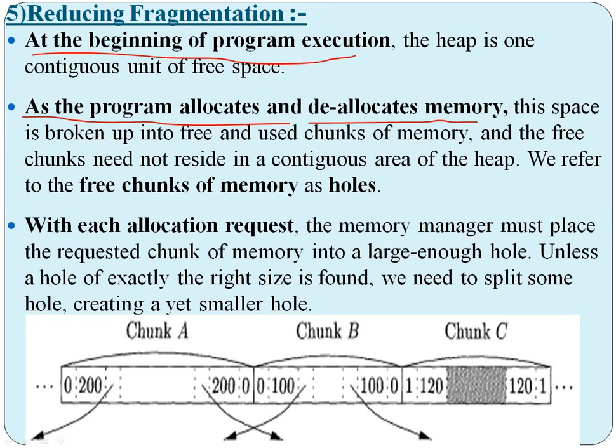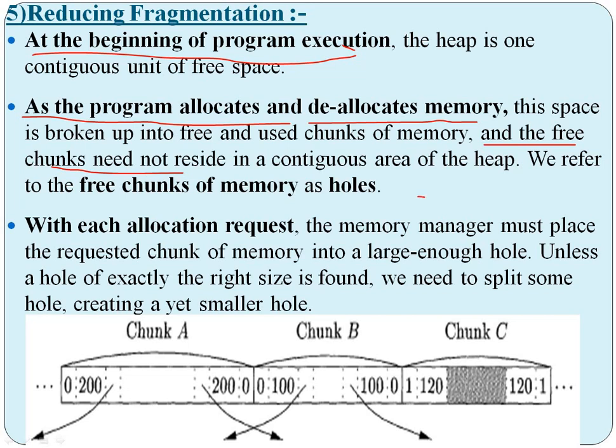And the free chunks need not reside in a contiguous area of the heap. We refer to the free chunks of memory as holes. So a memory block that is not currently assigned to any data is called a hole.